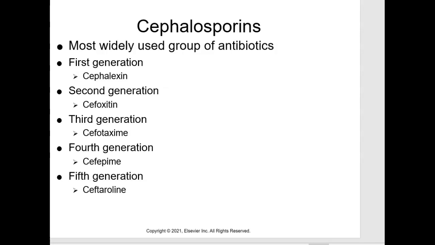Then we have our second generation. An example is oral cefoxitin or ceftriaxone, which is a very common drug, Rocephin. These have higher activity against the gram-negatives. They have high resistance to the beta-lactamases, but also have poor distribution to the CSF.